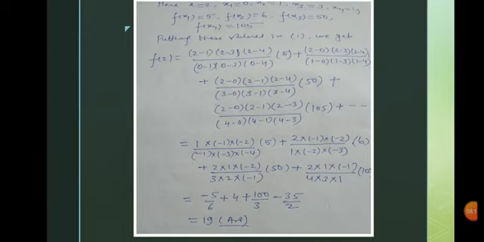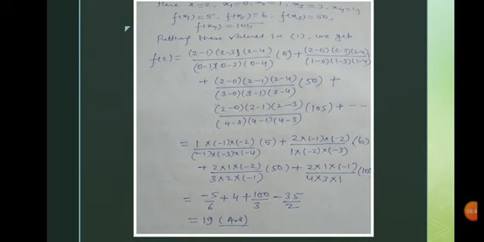So clearly the first term is (2 minus 1)(2 minus 3)(2 minus 4) upon (0 minus 1)(0 minus 3)(0 minus 4) into 5, since the value of f(x1) is equal to 5.